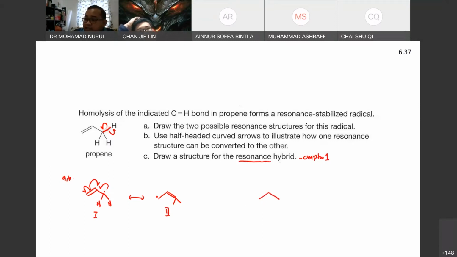You can see this is the movement of electrons. Okay, this is the hybrid structure. Kata rambut lah. Rambut dah tadi kata kepala lah. Okay, next, we go to the second.